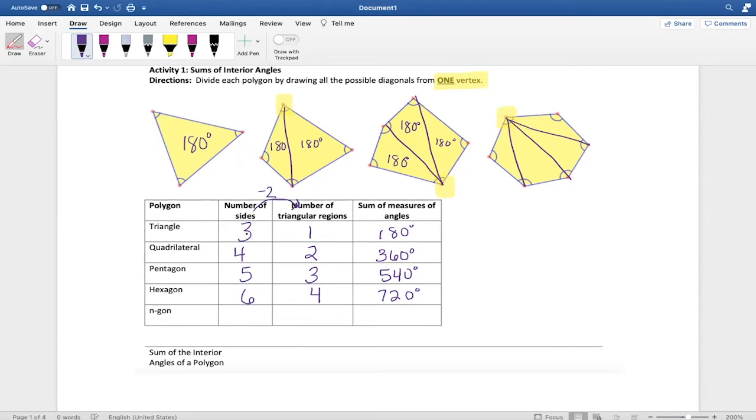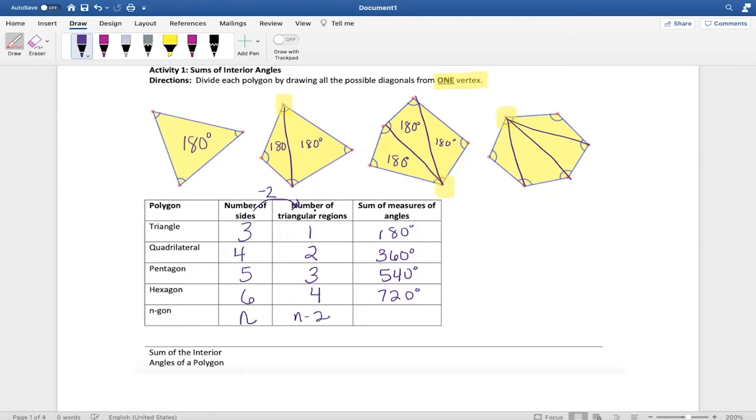Notice we had 3 sides, and the number of regions was 1. Here I had 4 sides, I get 2 regions. So if I have n as my polygon, whatever number of sides it is, I can figure out the number of regions by taking the number of sides and subtracting 2.